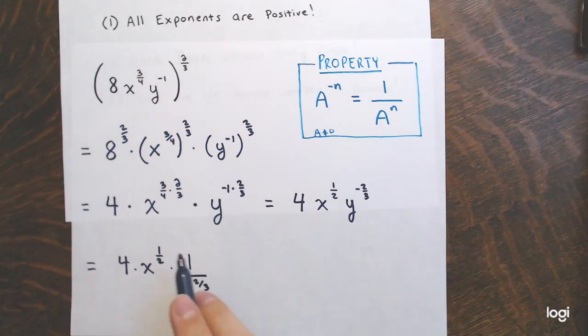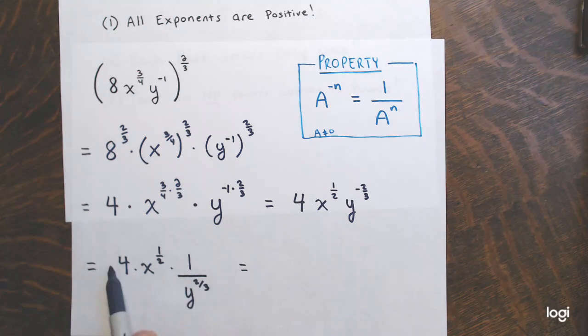And this is great, but let's put it all together as a single fraction. This is everything we want, right? All the exponents I see are now positive. All the bases occur only once, and there's no powers to powers, but let's just get a single numerator, single denominator.